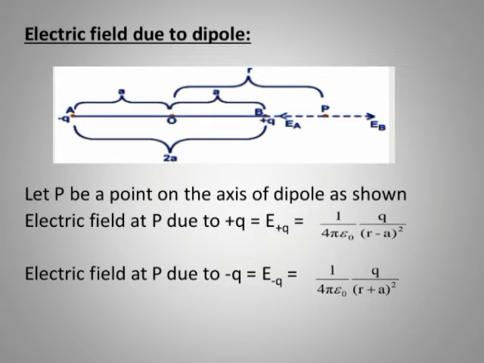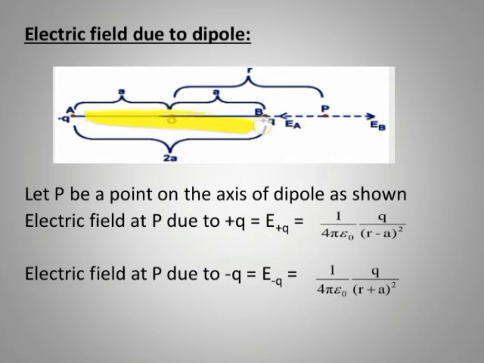But what is the condition? You should derive the equation for the electric field due to the dipole only on its axis. If this is the dipole, somewhere on its axis you have to calculate, not here, not here, but on the axis only.